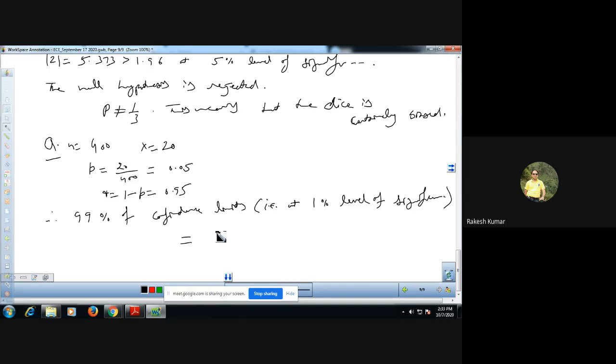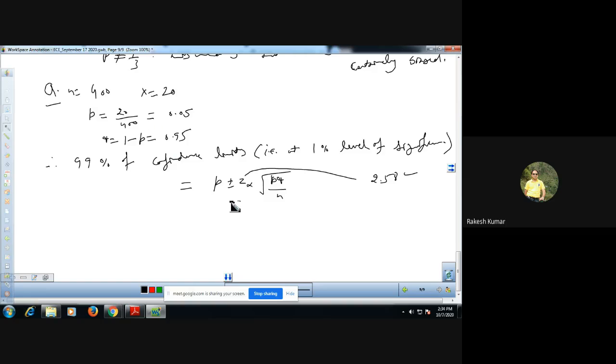So the formula is P plus minus Z alpha times square root of PQ over N. This is the formula we shall use. At 1% level of significance, the value of Z alpha is 2.58. Always substitute this value. Now the remaining values are clear: small p is there, q is there, n is there.